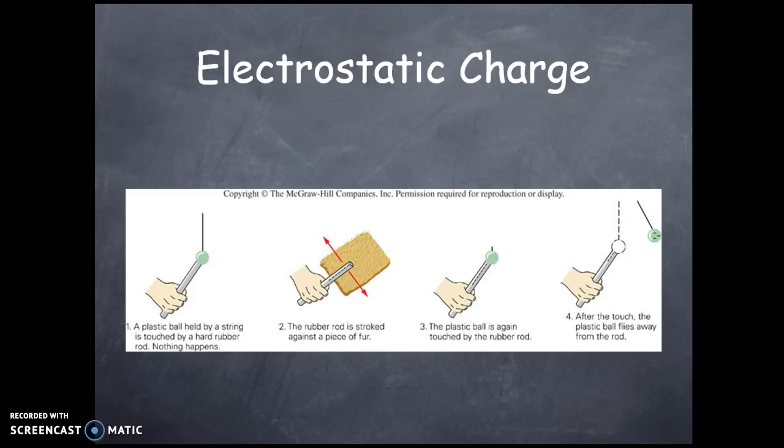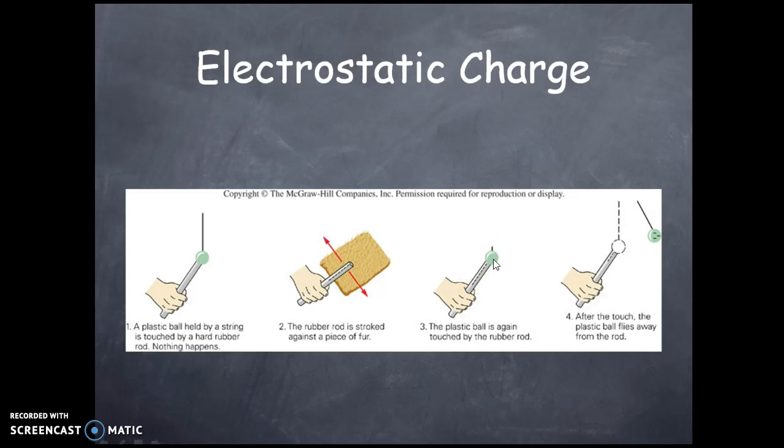So when you take this rubber rod to the plastic ball and keep it in contact with the plastic ball for a while, the negative charges will be transferred to the plastic ball. Now we have a negatively charged hard rubber rod, and also a plastic ball which is also charged negative because some of the charge was transferred here.